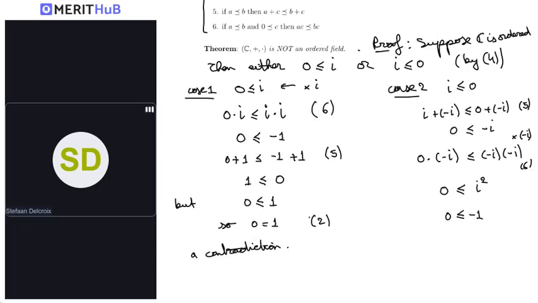And now you might say, oh, we already did this. Now you can just go over here and you get a contradiction. So we just can't do it. Whether you try to make i positive or negative, you keep running into contradiction. You cannot order the complex numbers.